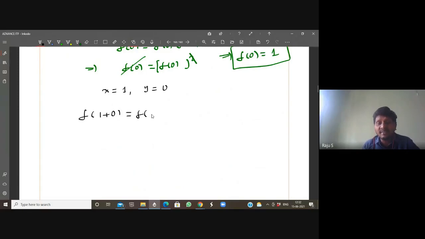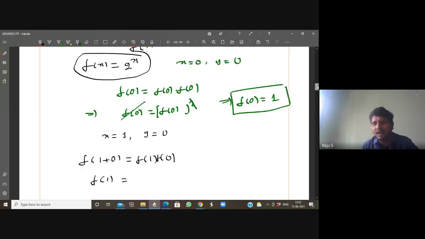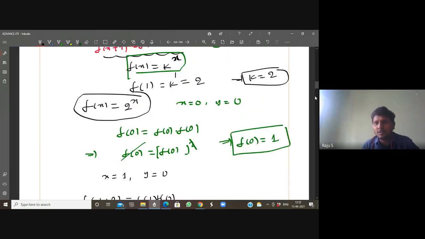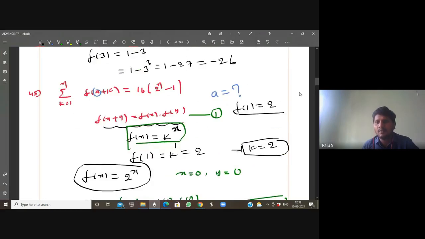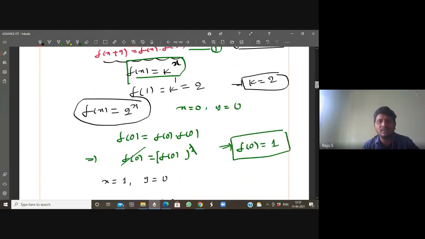Right side f of x into f of y, f of 1 into f of 0. Students, you are not required to find f of 1 because f of 1 value is already given. In the question itself, they gave f of 1 equal to 2.